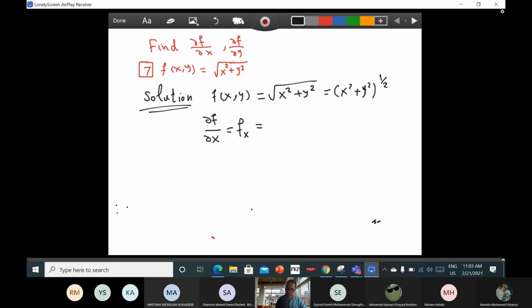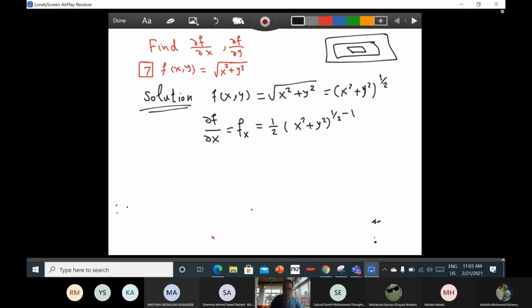When you differentiate any power, you just bring the power down, then write your bracket as it is and subtract 1 from the power. Then go inside. As I told you all the time, the derivative is like a box inside a box inside a box until you finish with the last piece.